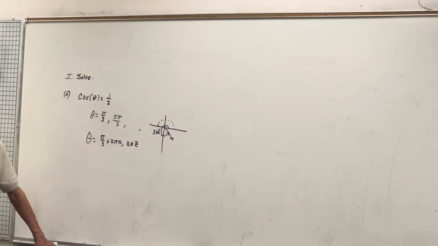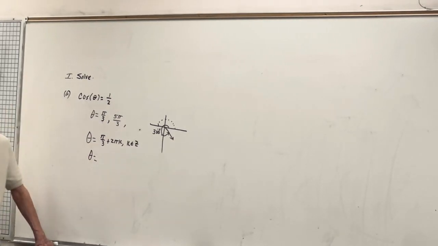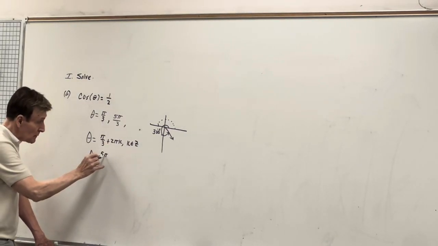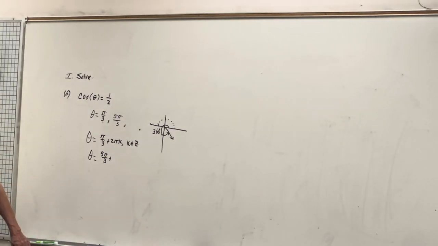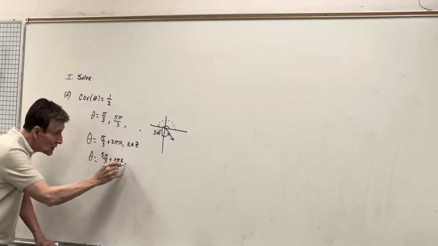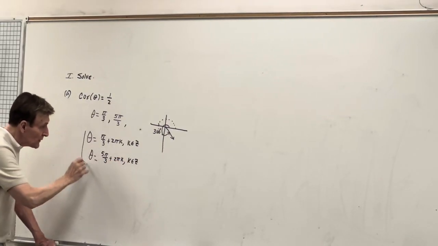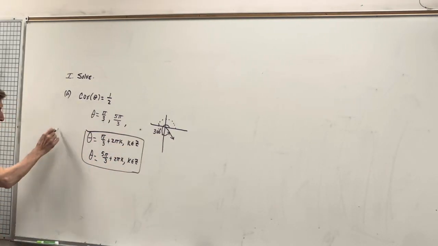That will repeat pi over 3 as many times as you wish. How am I going to get to the 5 pi over 3? Plus 2 pi k. Will it repeat also every time you go around 2 pi? Any number of times you wish. K is an element of the integers, and those are called general solutions, guys. This picks up all of them.